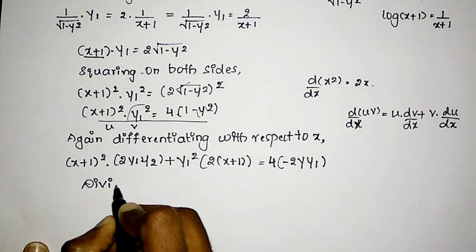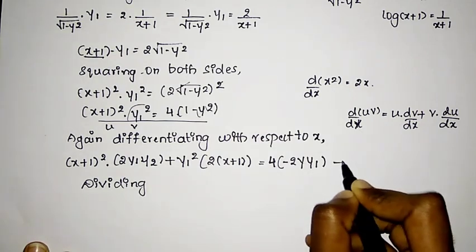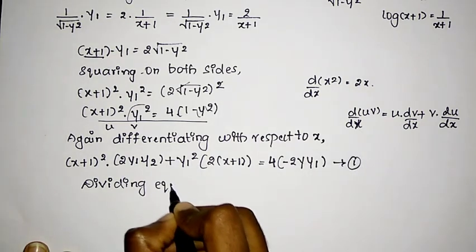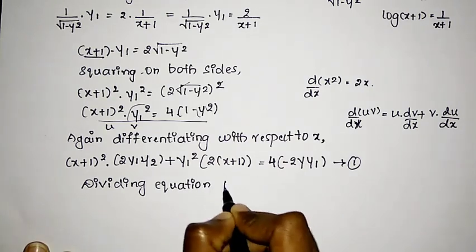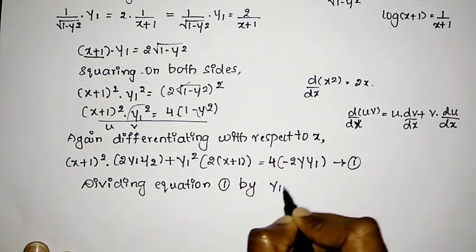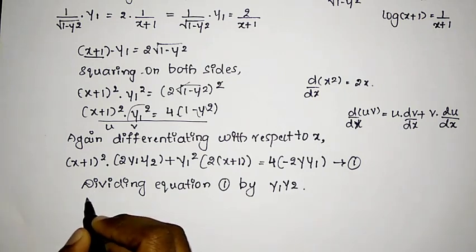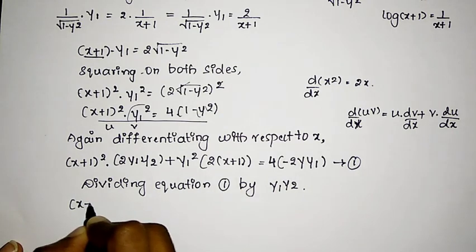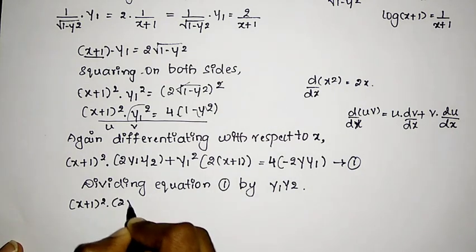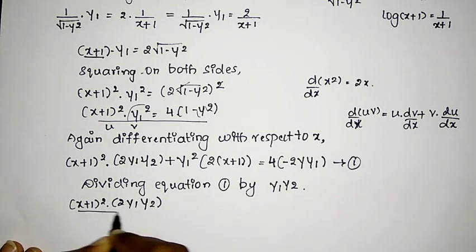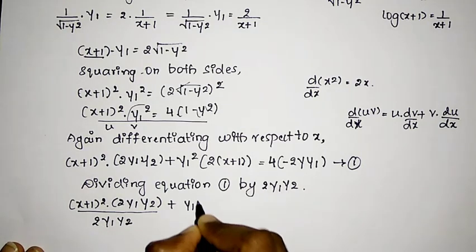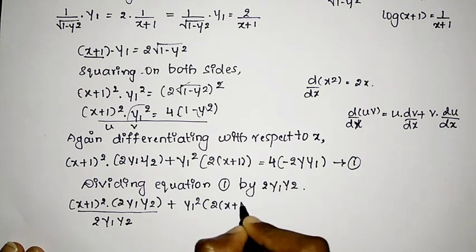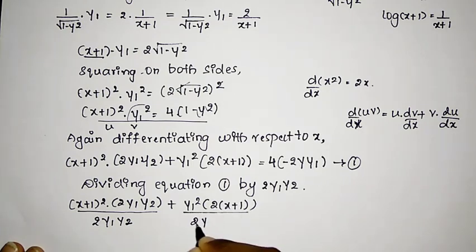So dividing equation 1 by y1 into y2, by dividing the whole equation by y1 and y2, x plus 1 whole square into 2 into y1 y2, dividing by 2 into y1 y2, so 2 into y1 y2 plus y1 square 2 into x plus 1, again dividing it by 2 y1 into y2.